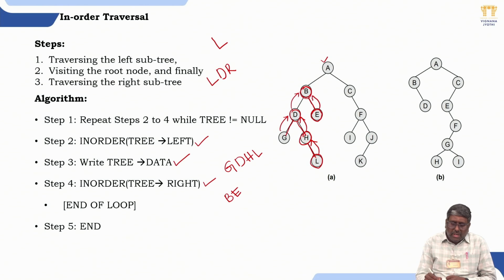So go back to the parent of E, which is B. Again go back to the parent of B, which is A. Now visit A only if its left subtree elements are visited. Now the left subtree of A is visited, so now visit node A. Then move to C.